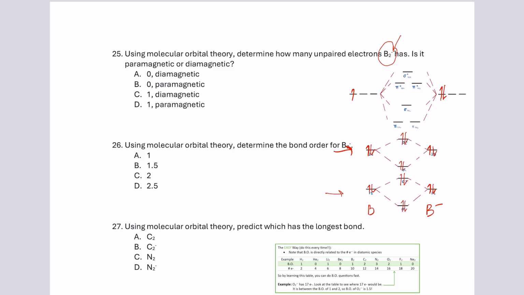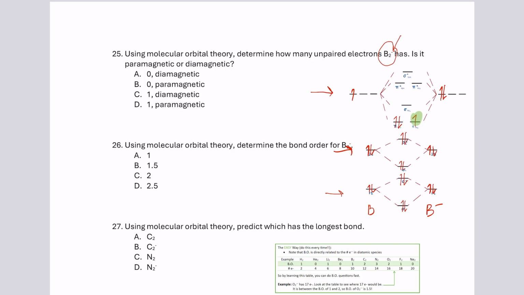Finally, we've made it to 2p, where there are 3 electrons for us to distribute. We're going to place them in the pi 2p bonding orbitals. From here, we notice that there is 1 unpaired electron. This makes di-boron, the anion, paramagnetic because unpaired electrons create magnetic properties.